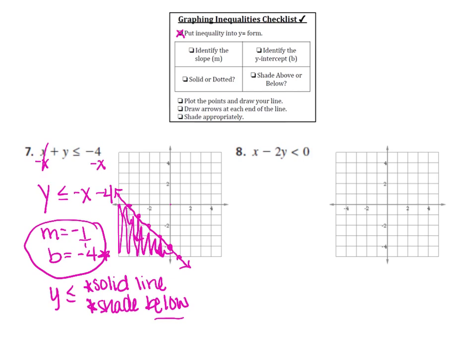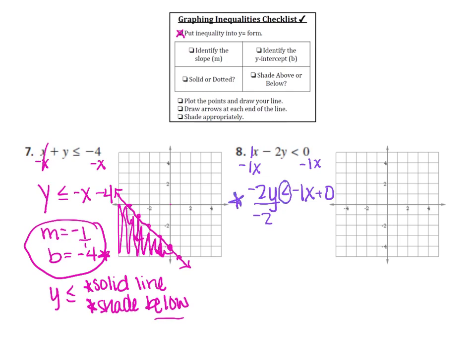And the last problem. If I have 1x and I want to get y by itself, I'm going to subtract 1x from both sides. So -2y is less than -1x. And I could show +0, but I don't have to. And then if I divide by -2, ooh, an inequality dividing by a negative number.